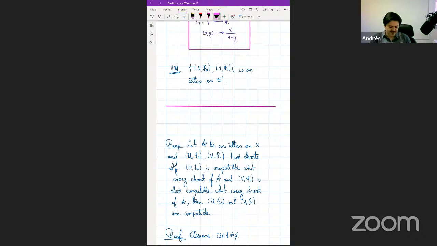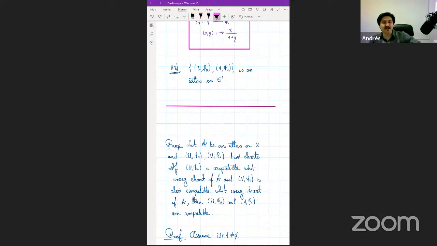And let's say this chart is compatible with all of the charts in the atlas, and this chart is compatible with all of the charts here. The conclusion is that these two are compatible. Okay? So this is what we're doing.